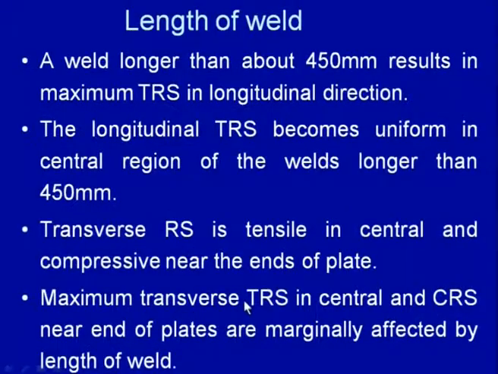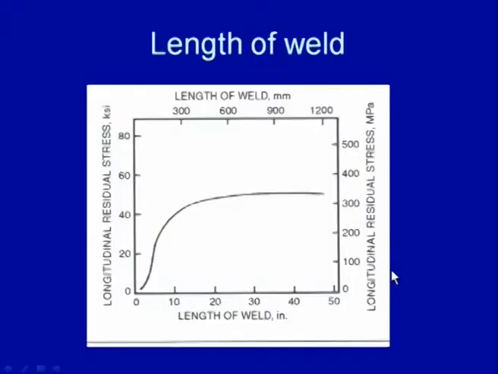The maximum transverse tensile residual stresses in the central region and the compressive residual stresses near the end of the plates are marginally affected by the length of the plate. So, in the case of transverse residual stresses, tensile residual stresses are at the center, and compressive residual stresses develop near the end of the plate.